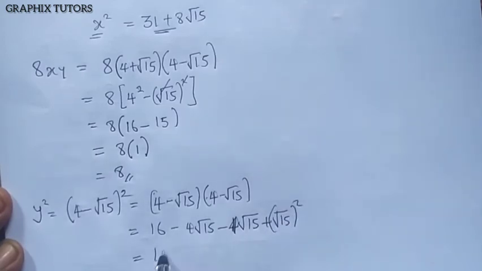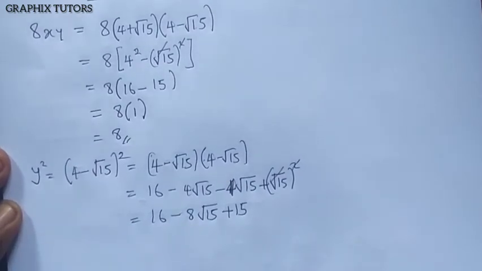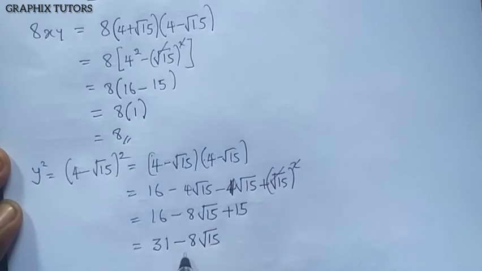So this gives 16 minus 8 root 15, and the square cancels the root, leaving 15. 16 plus 15 is 31, minus 8 root 15. That's what we have here. So we've successfully done this.